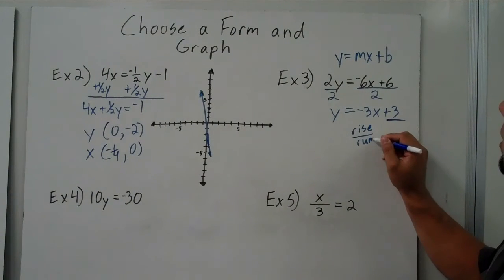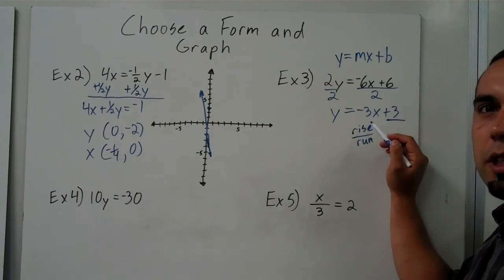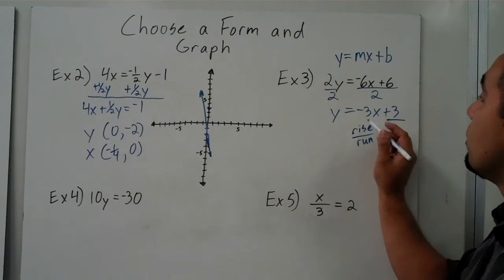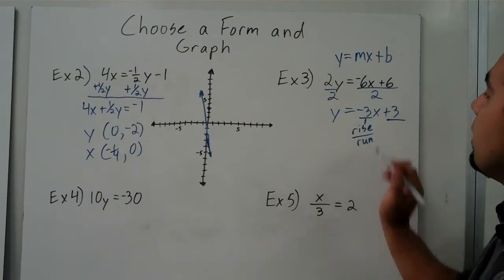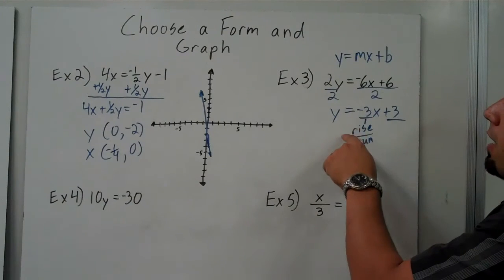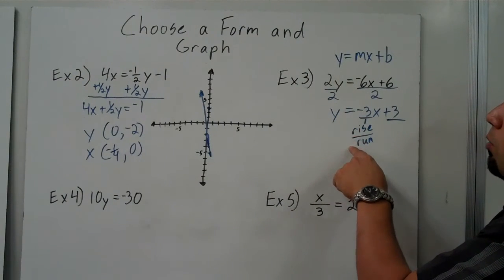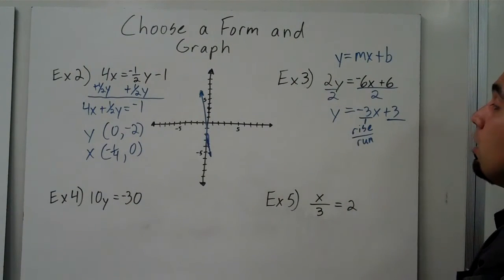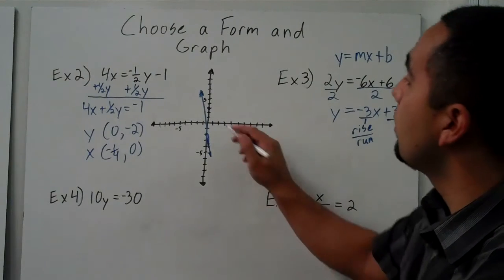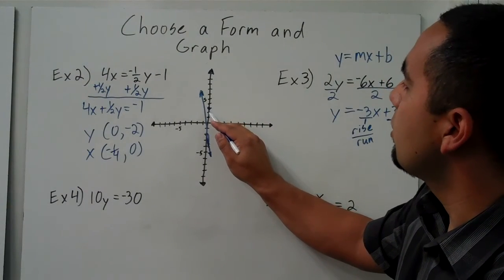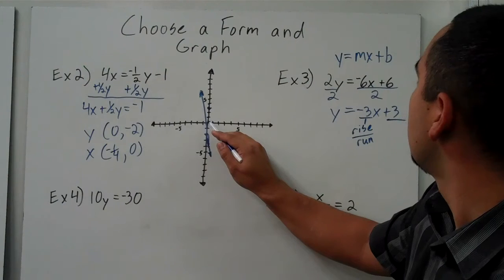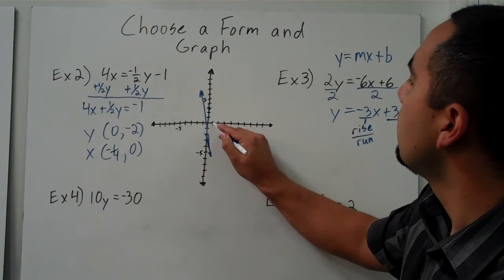Do I have a fraction here? No, I have a whole number, but I can easily make a whole number into a fraction by putting it over 1. So now I have a rise of negative 3 and a run of 1. So rise negative 3 from my point, that's actually going down 3, and I'm going to move over 1.